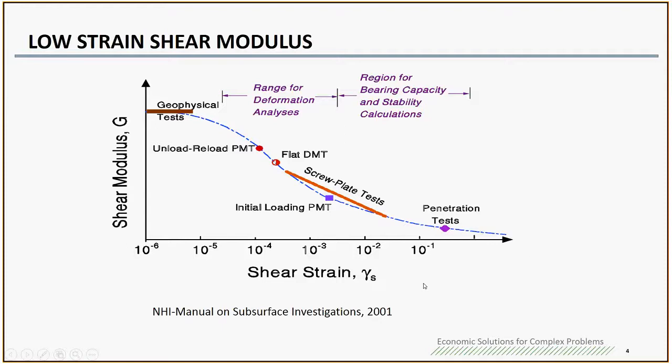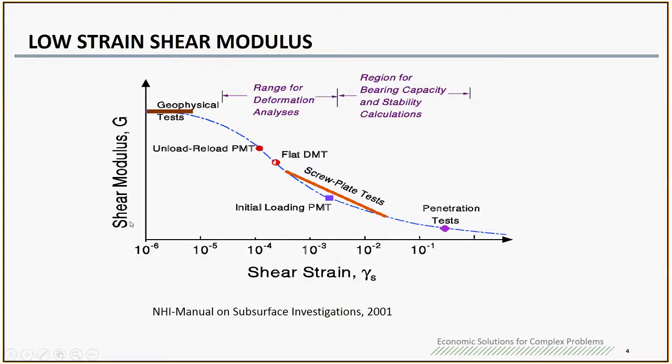As you can see, when the shear strain increases, the shear modulus reduces significantly with the increase of the shear strain, and this is shown as this blue dash curve. This slide also shows the different field tests and how they measure the shear modulus at different shear strain.